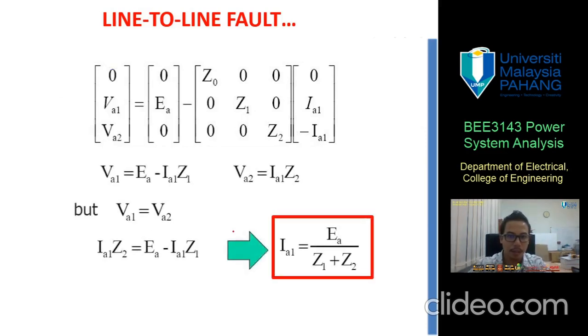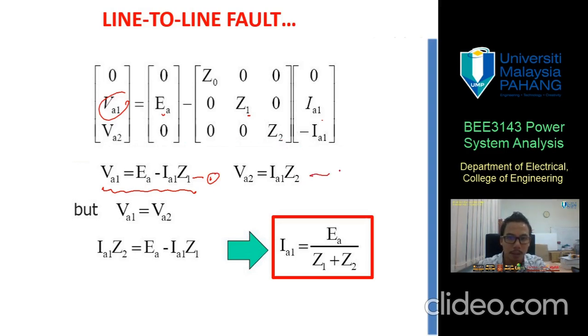So from here you solve the matrix. You get VA1 equals EA minus IA1 Z1. And then VA2 equals 0 minus Z2 IA1.